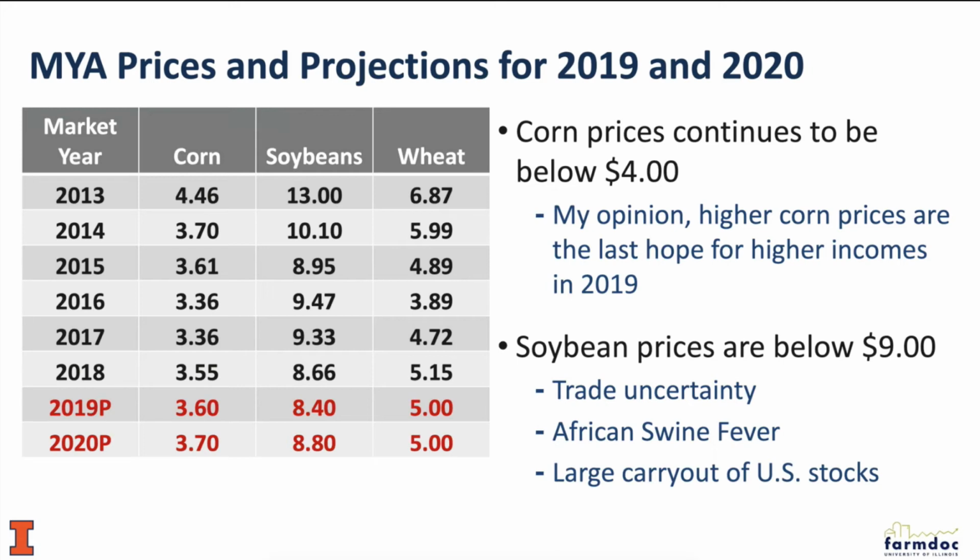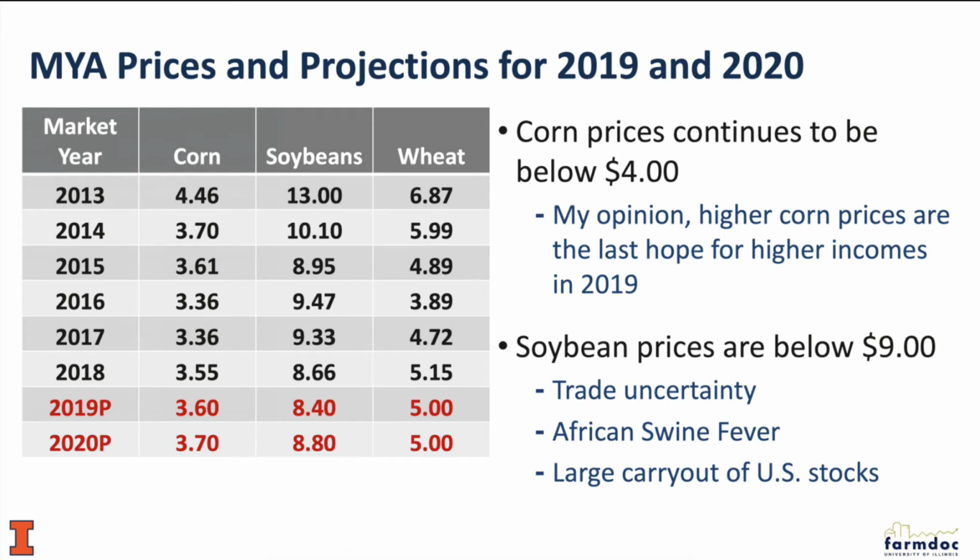Soybean prices look to be below $9 for the foreseeable future, and that's simply due to trade uncertainty and African swine fever. Both of those things are a China phenomenon, and even if we did get the trade tariff situation resolved, it's highly likely that we would have soybean prices below $9 because of reduced demand from African swine fever and our large carryouts.